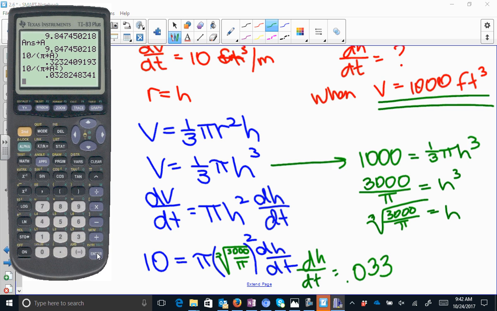What's our label? We're talking about a linear height, so just feet per minute. Volume was cubic feet per minute. Area would be square feet per minute. Height, length, width, regular feet. Okay, linear feet.